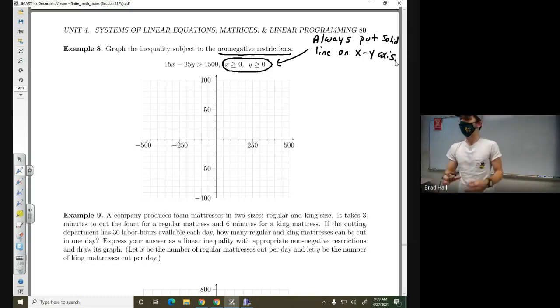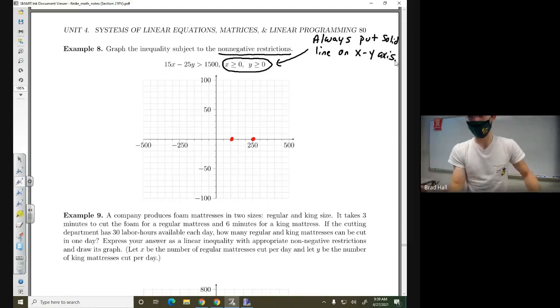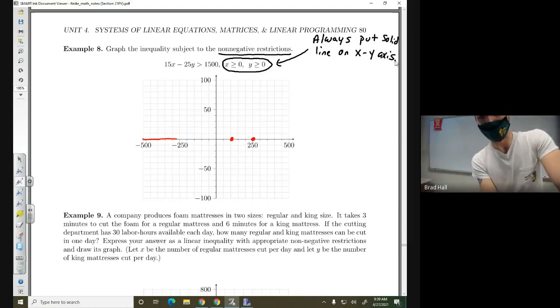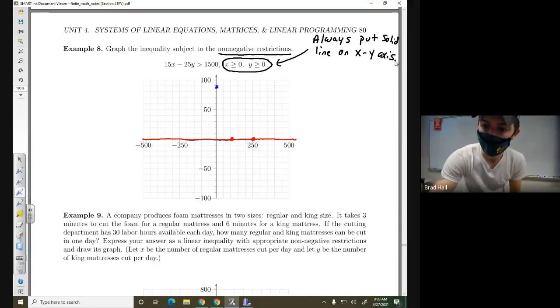And the way you do that using the graphing tool in MyMathLab, as long as you plot any 2 points on the x-axis, it will draw a horizontal line for you. It doesn't matter where you plot the points. You just need a horizontal line on the x-axis. That's one of them. And then you need a vertical line on the y-axis. Again, it doesn't matter where you plot the 2 points.